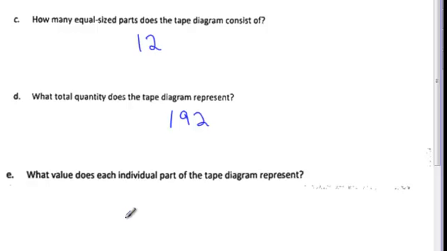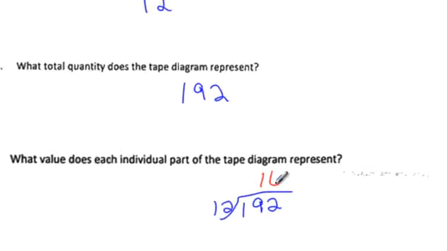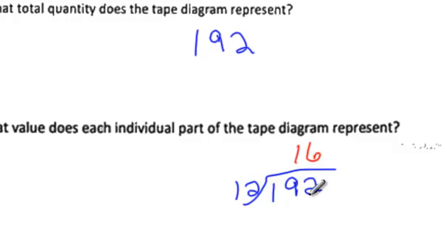Part E, what value does each individual part of the tape diagram represent? Well, we had 192 was our total vehicles registered. We had 12 equal size parts, so we can divide to find out the value of each of them. And when we divide out, we get 16. So each part represents 16.